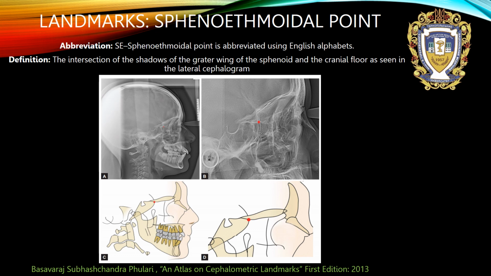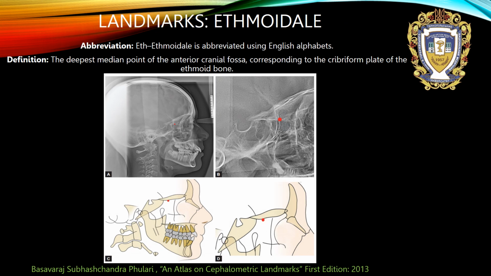Sphenoethmoidal point is the intersection of the shadow of the greater wing of the sphenoid and the cranial floor, as seen in the lateral cephalogram. Ethmoidale point is the deepest median point of the anterior cranial fossa, corresponding to the cribriform plate of the ethmoid bone.